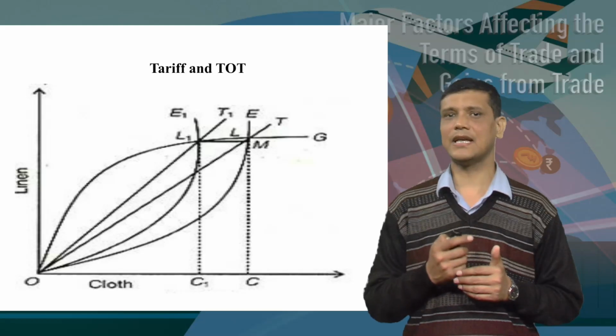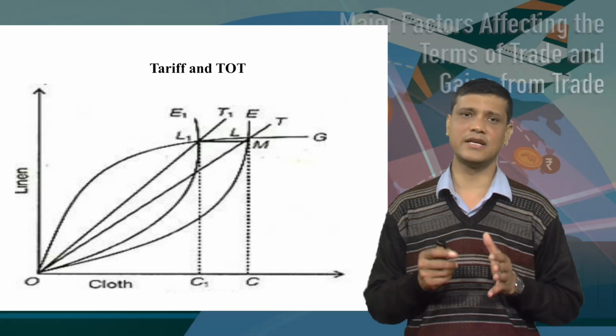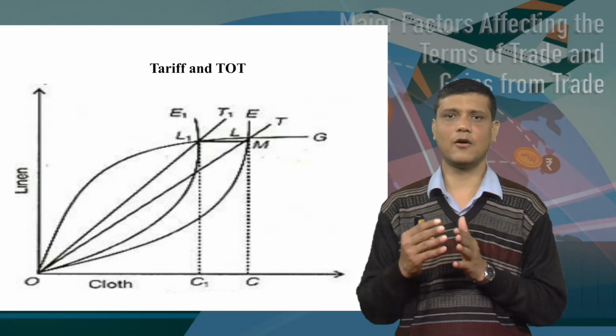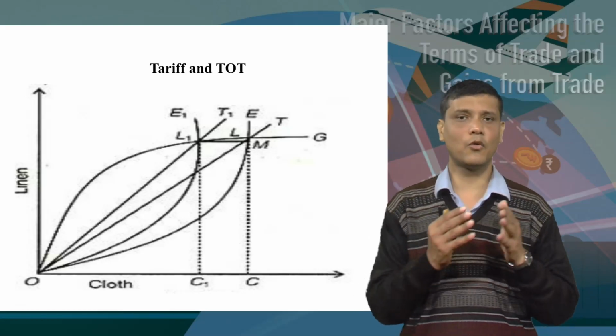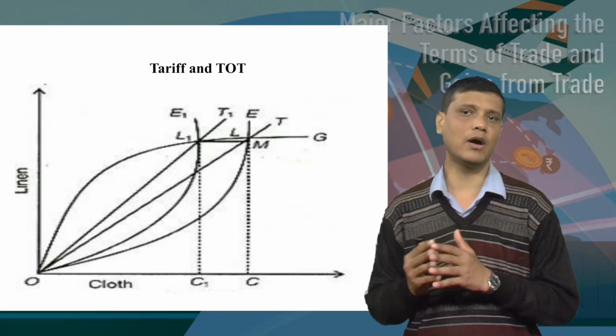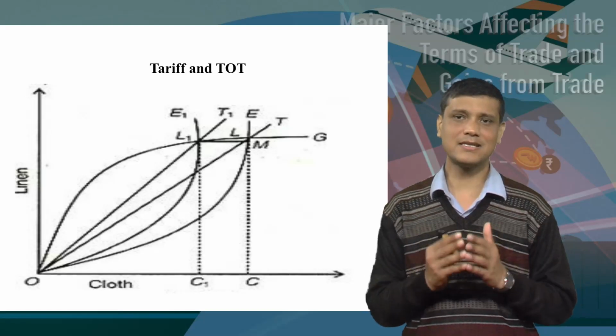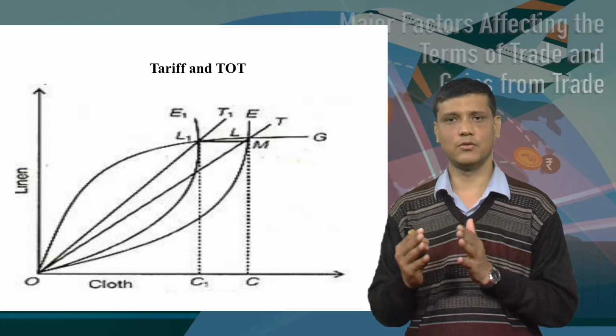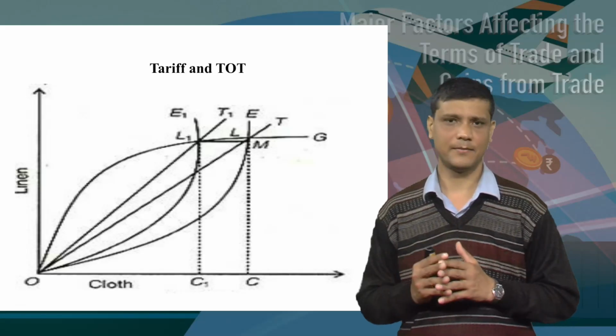Suppose a tariff is imposed on Germany's linen by England. It shifts the offer curve of England from OE to OE1. This changes the terms of trade OT to OT1 in favor of England.